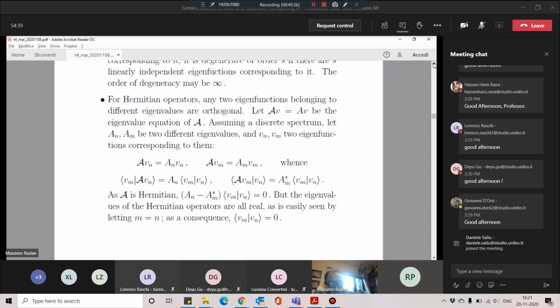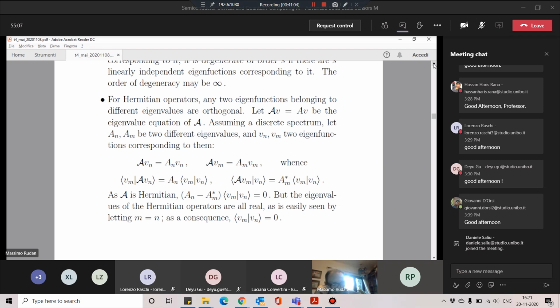Okay, so since they are non-parallel, they form a basis on the plane. And you can always manipulate these two vectors in order to find other two vectors that are, again, a basis, but also mutually orthogonal. So this is always possible with vectors, and this is also possible with functions, okay?